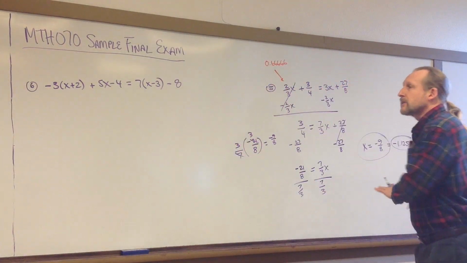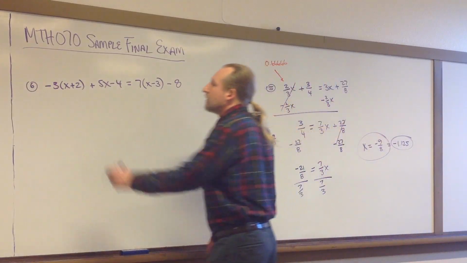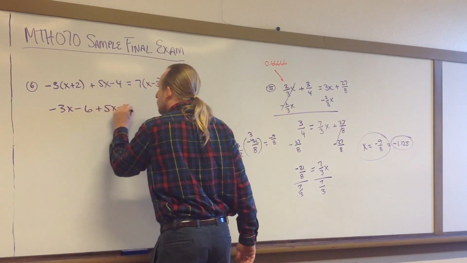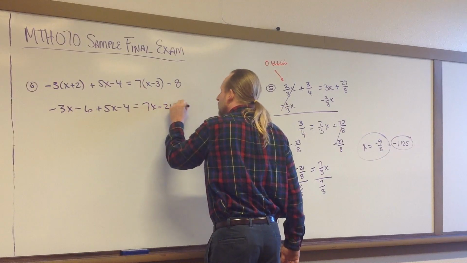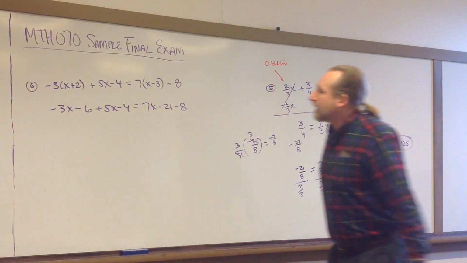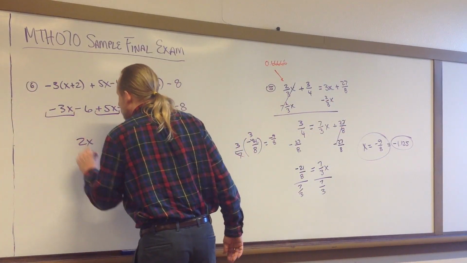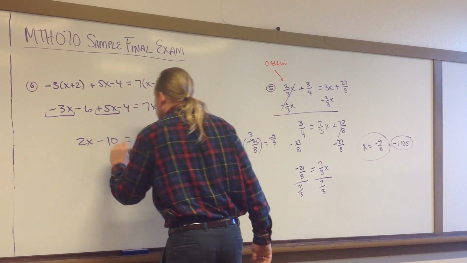Everything that doesn't have an x goes to the other side, and then we'll isolate the variable. So this will be minus 3x minus 6, and that 5x minus 4 doesn't change. Here 7x minus 21, and again that 8 just stays the way that it is. Okay, so positive 5x, negative 3x makes positive 2x, minus 6 and minus 4, minus 10.